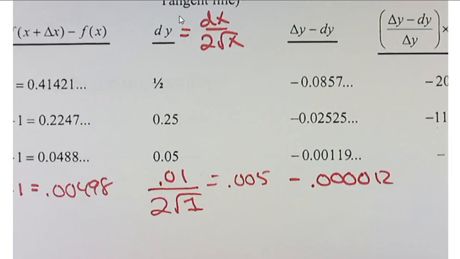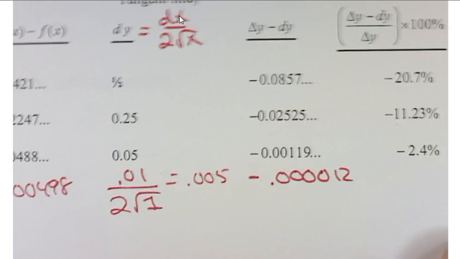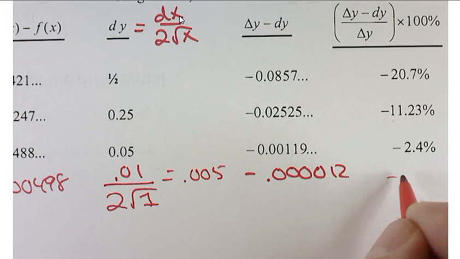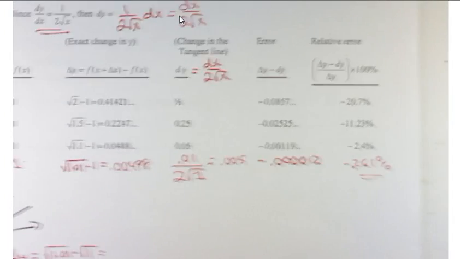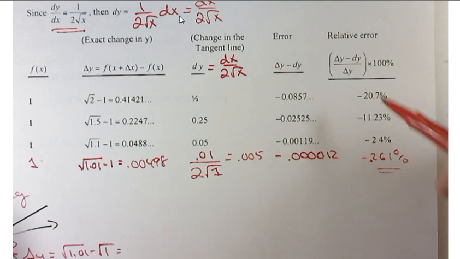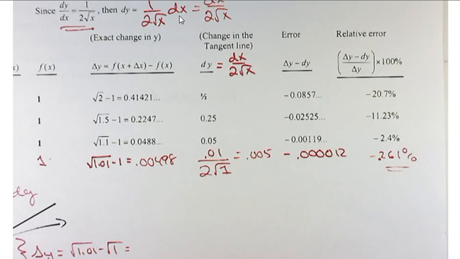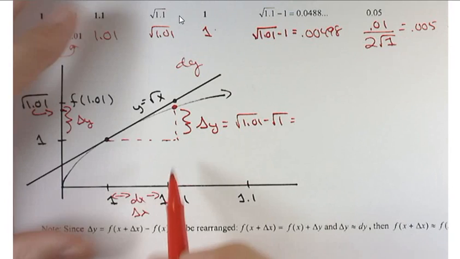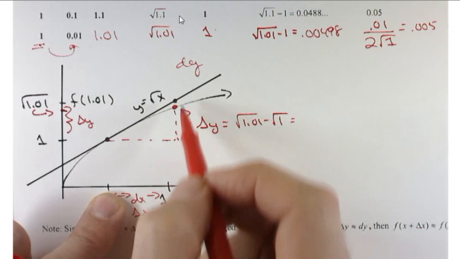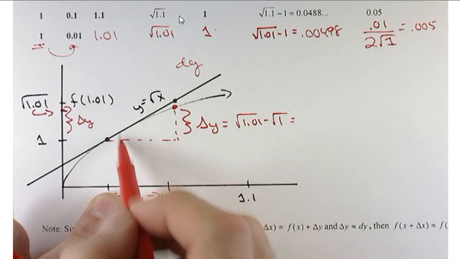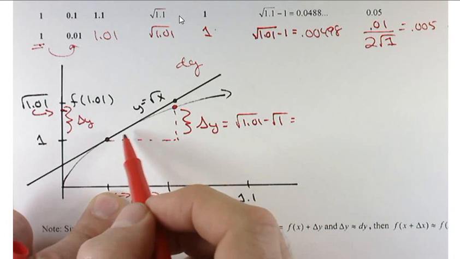The relative percent error has gone down to a mere smidge. So keeping the signs there, not dropping them, 0.261%. What that's saying is that as you get closer and closer to 1, the differential here is a better and better approximation of the actual function.